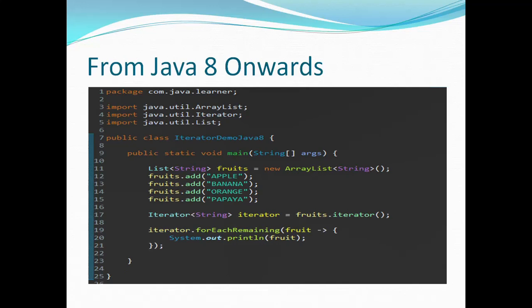And it prints all the elements one by one until all the elements are processed. So I hope it is clear until now, and let's move to the IDE and see a practical example with code.